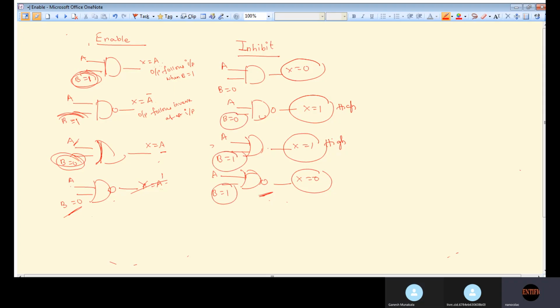Depending upon the value of B, whether it is tied to ground or tied to 1, you are getting either the constant 0 or 1.